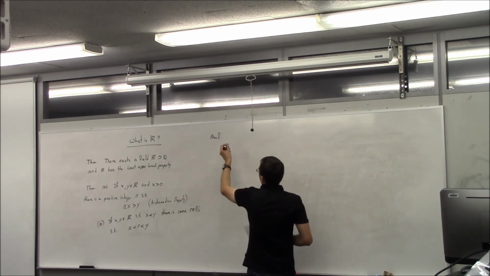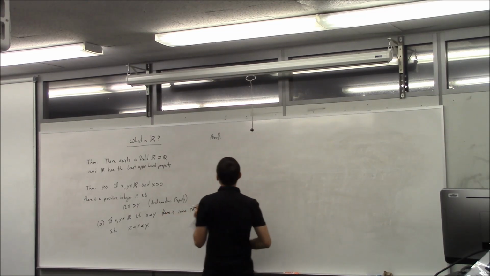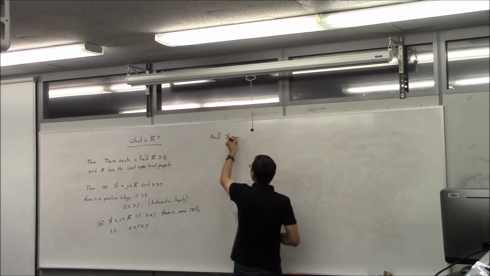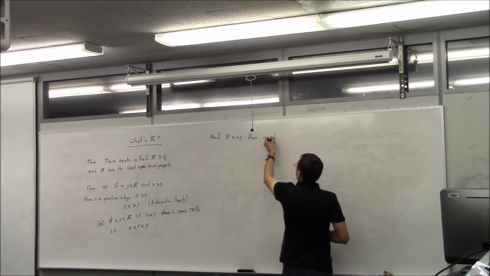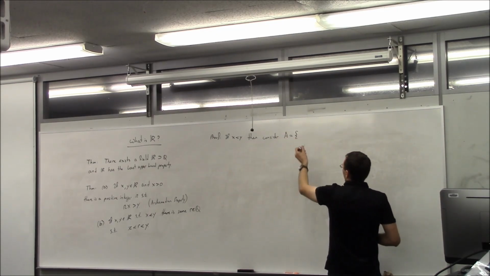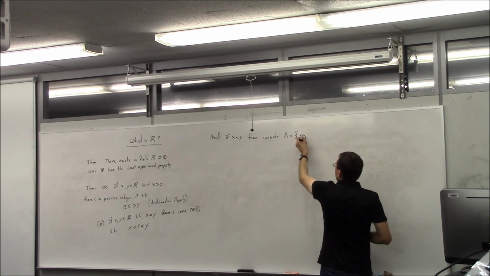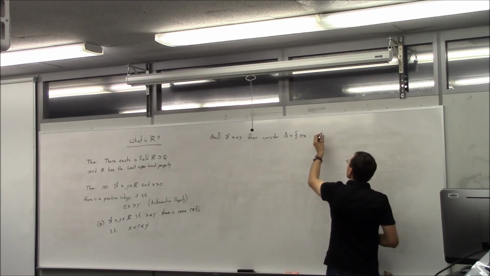So the first condition is we can consider the set, so if x is smaller than y, then consider the set A, which is going to be all possible integer products of n times x. So n is a natural number.